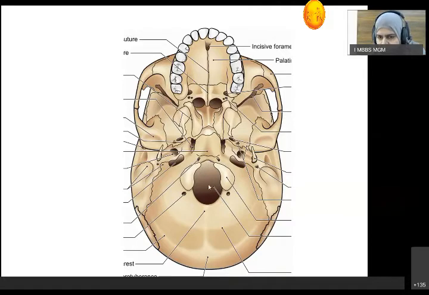Okay, the foramen magnum is divided into three parts: anterior part, middle part, and posterior part. From the anterior part, three structures pass: the apical ligament of the dens, that is one ligament which is attached to the dens of the cervical vertebra, then the vertical band of the cruciate ligament, and lastly the membrana tectoria.